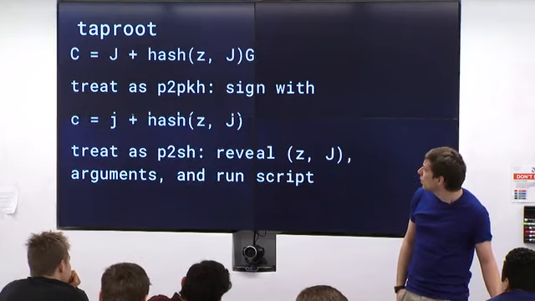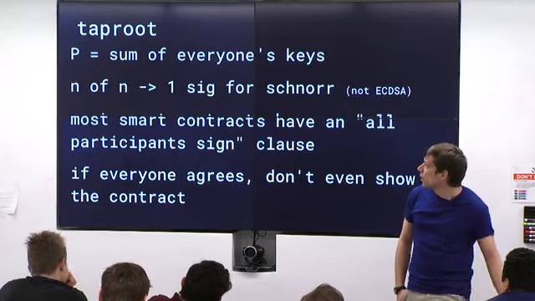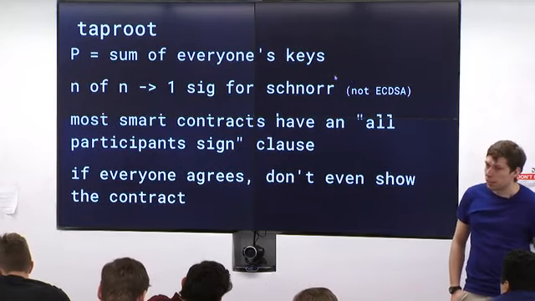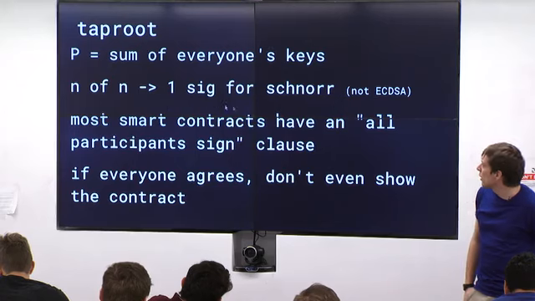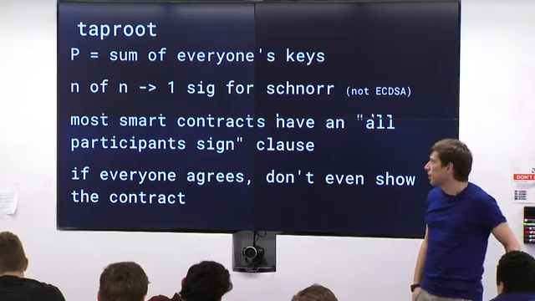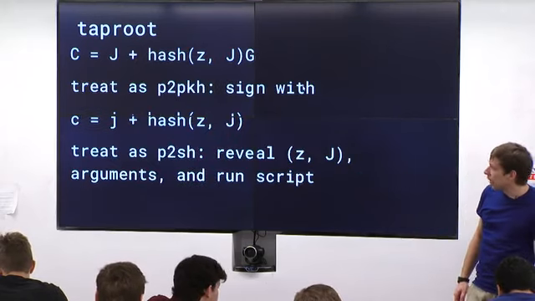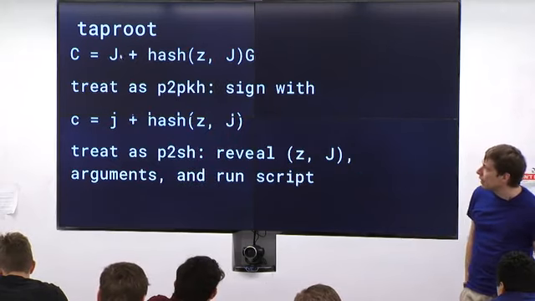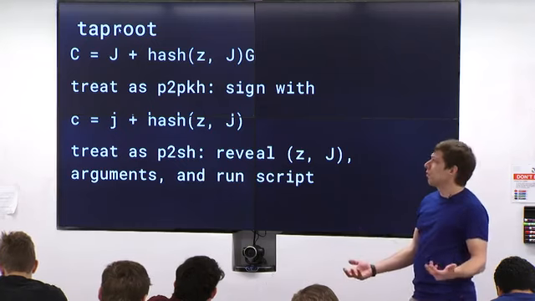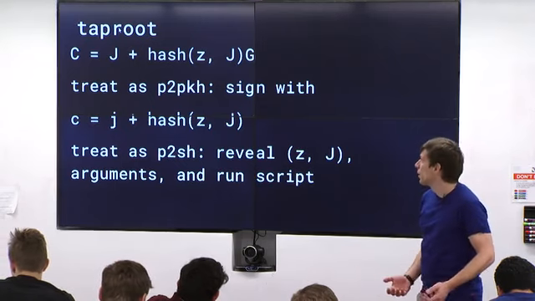P, I thought I was doing C. Oops. Anyway. So what you can do is you can make the sum of everyone's keys. And so in Schnorr signatures, we can do this, and we can sign without revealing each other's private keys. So you can say, okay, what I'm going to do is J is the sum of like 50 different pub keys.